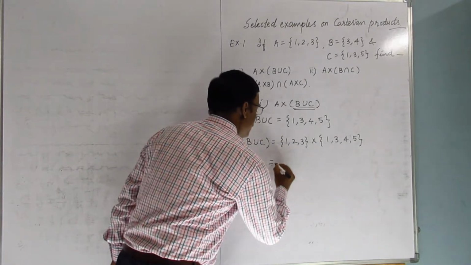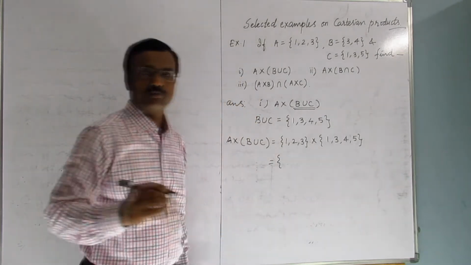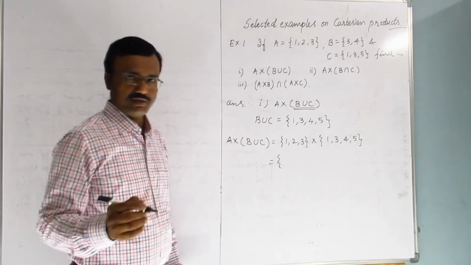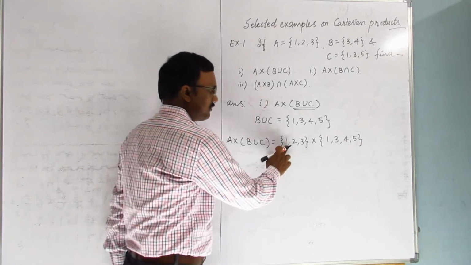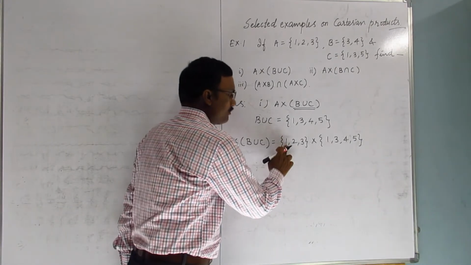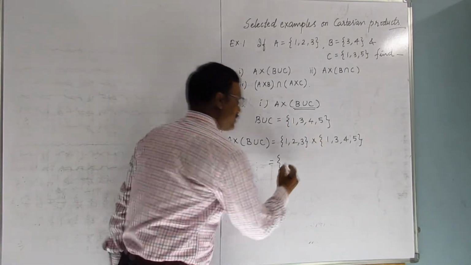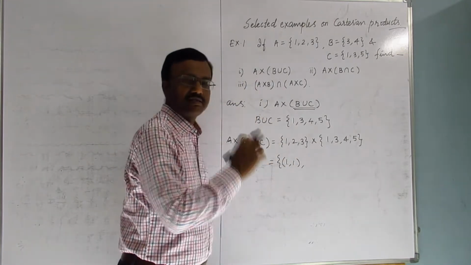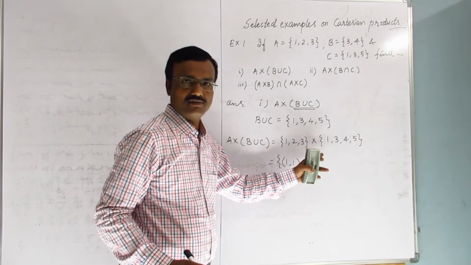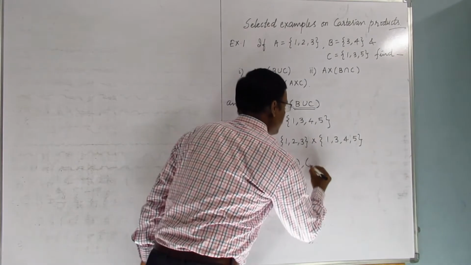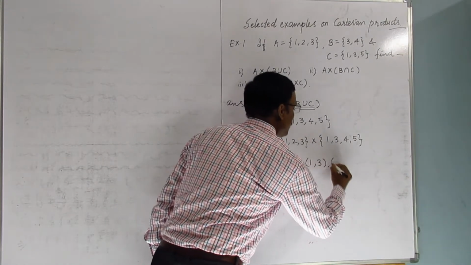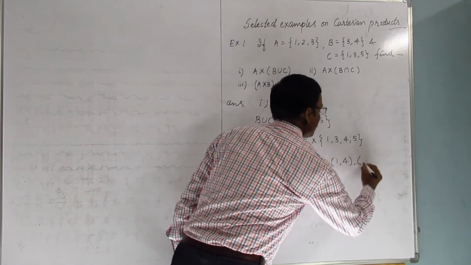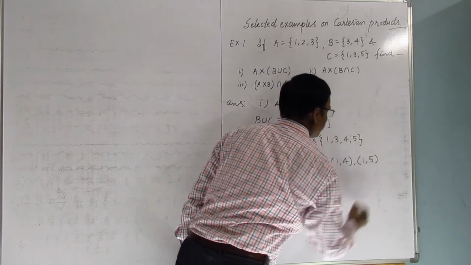As you know, Cartesian product means a collection of all possible ordered pairs. Let us begin with 1 first. So 1, 1 is the first pair, first from the first set, second from the second set. Then 1, 3, then 1, 4 and 1, 5.